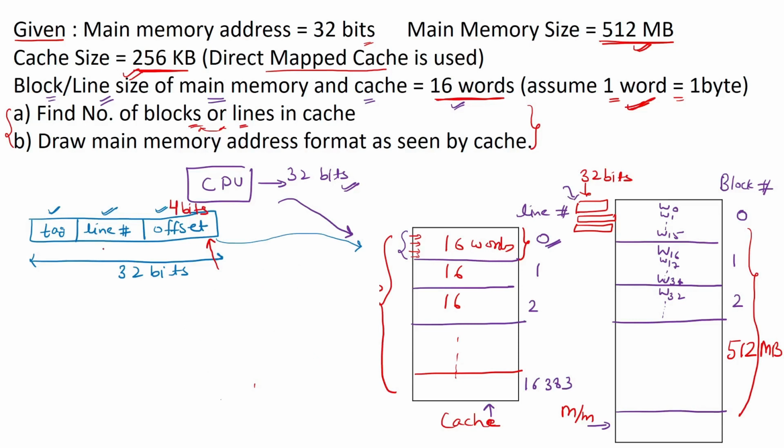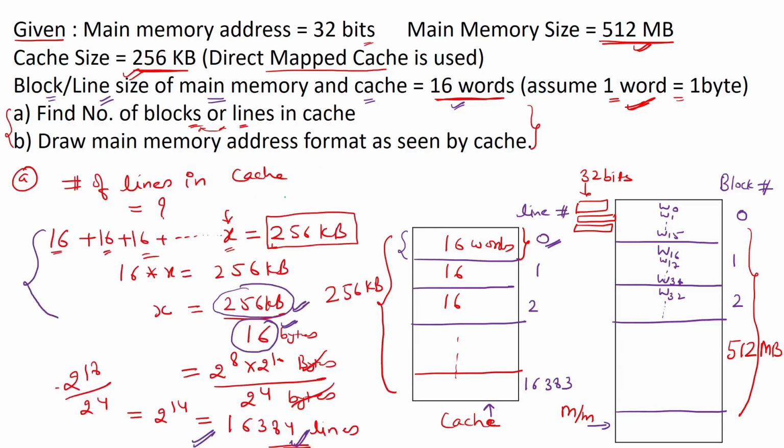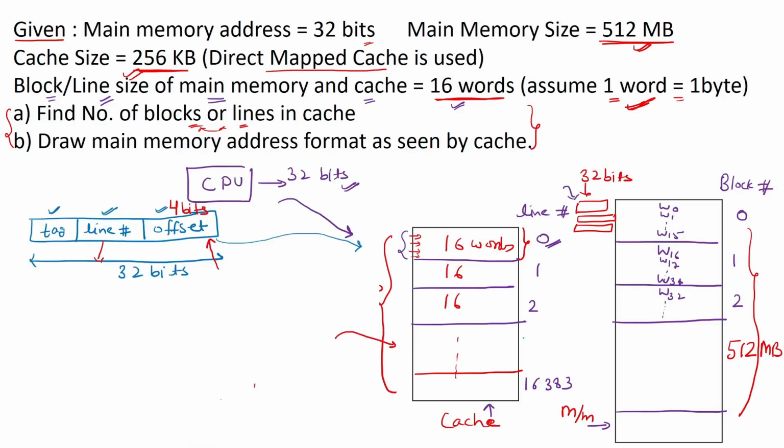Now the next thing is the line number. What does this line number tell us? This line number helps us recognize the particular line of the cache memory, so it depends on how many lines are present in your cache memory. In our first question, the number of lines present in your cache memory is 2 to the power 14, which is 16384.